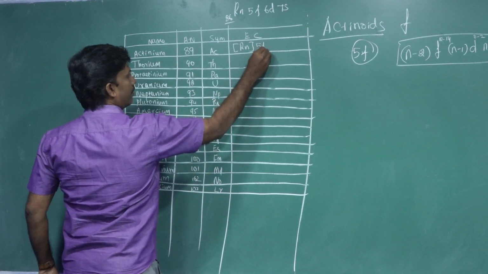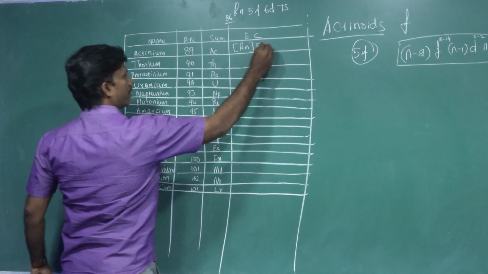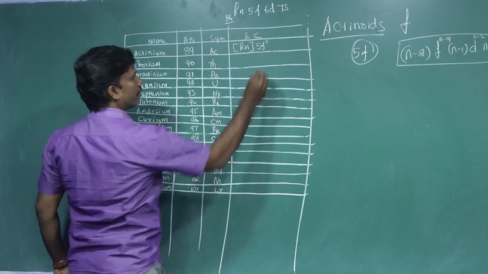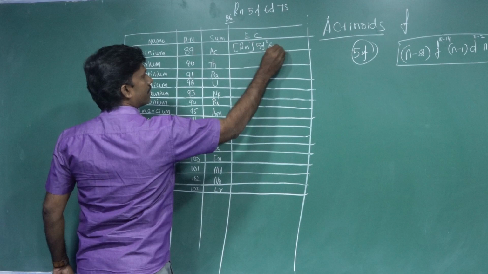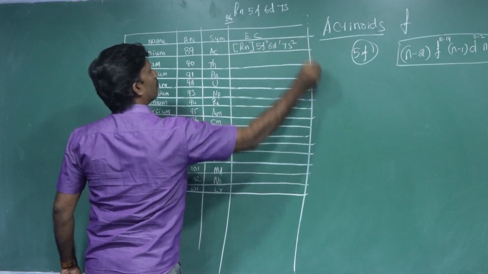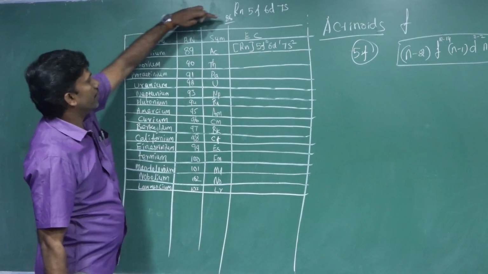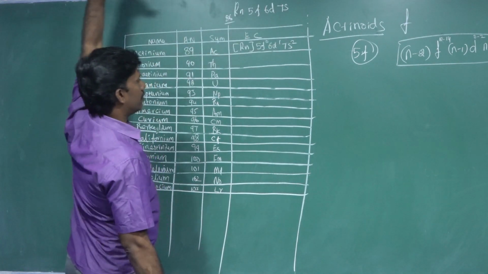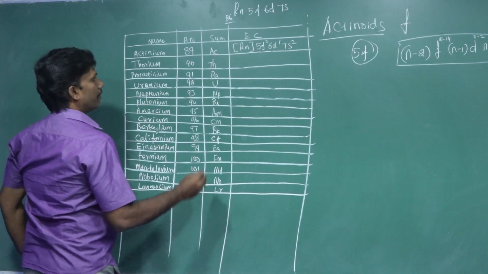For 89, actinium is a d-block element, so there are no electrons in 5f: radon 6d1 7s2.